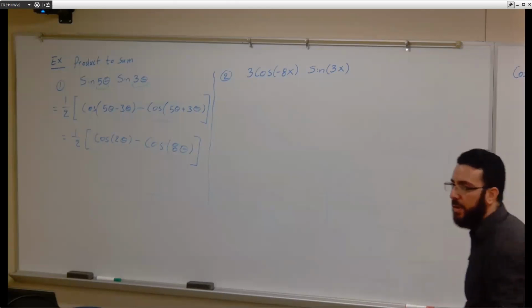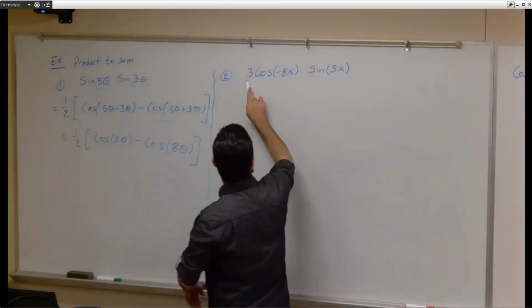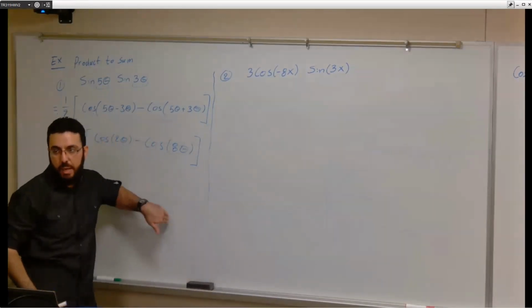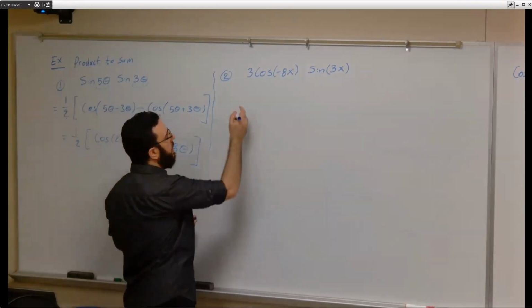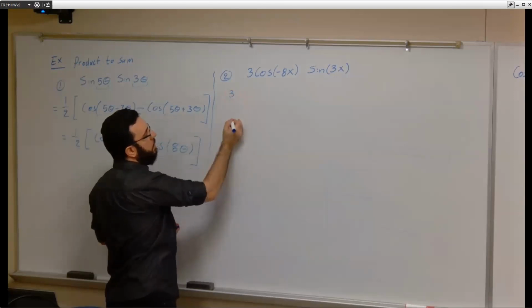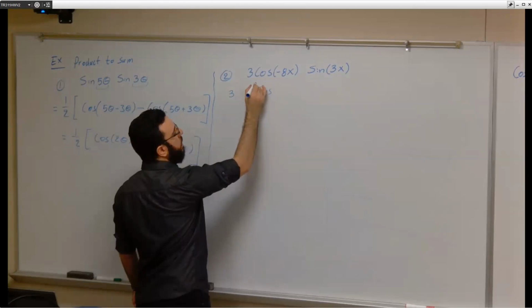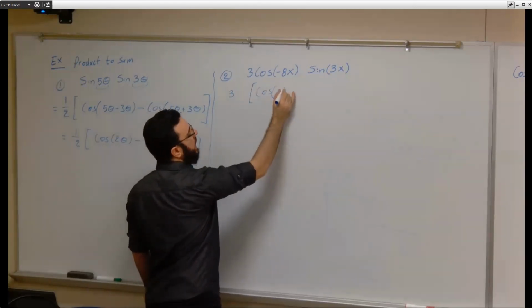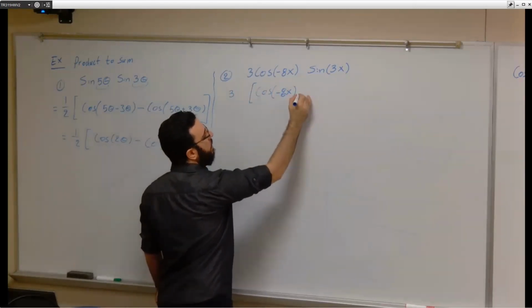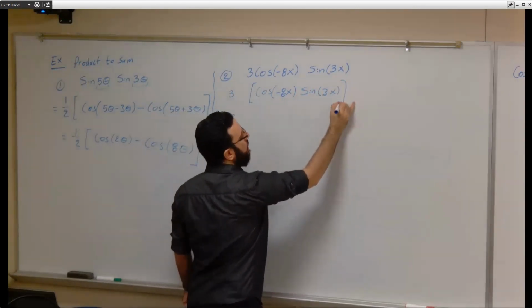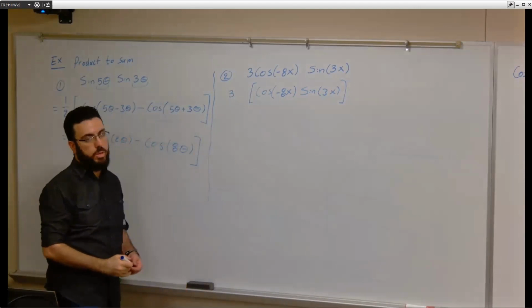But what's the difference? We have 3 here. So don't worry about the 3, just keep it out. I'm going to keep the 3 here and focus on cosine negative 8x and sine 3x. You can do that, so don't confuse yourself.